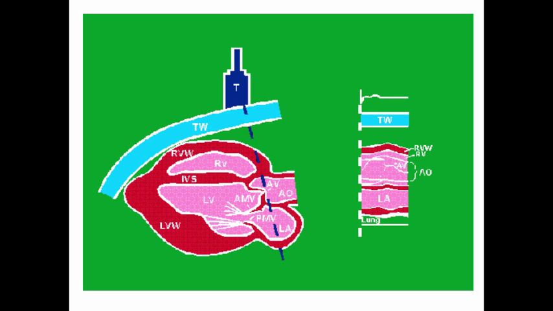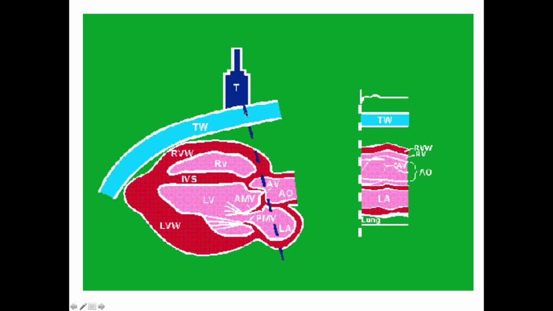Just to introduce the concepts, this is an illustration of what you might see in 2D mode. This is an image of the heart, and this is the ultrasound probe here. You would see in real time a pie-shaped image like this in 2D real-time motion. If you were to send M mode through a plane here, it will map all of those structures over time.